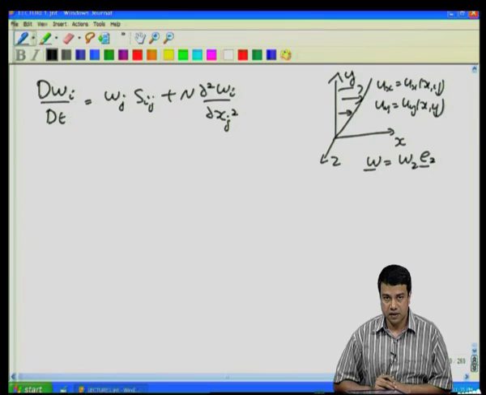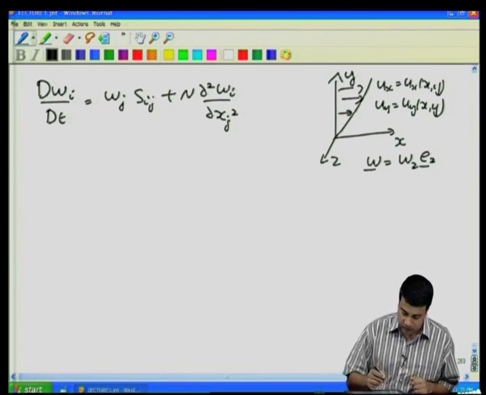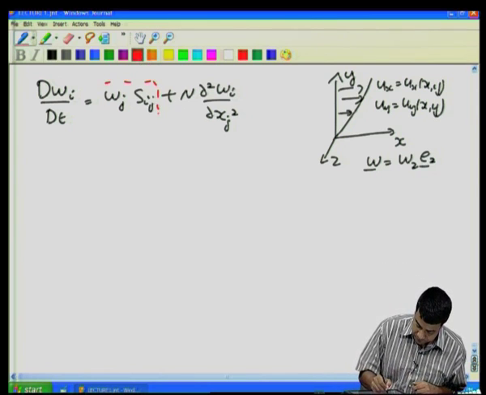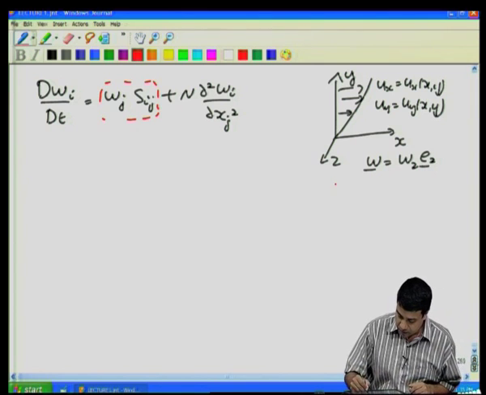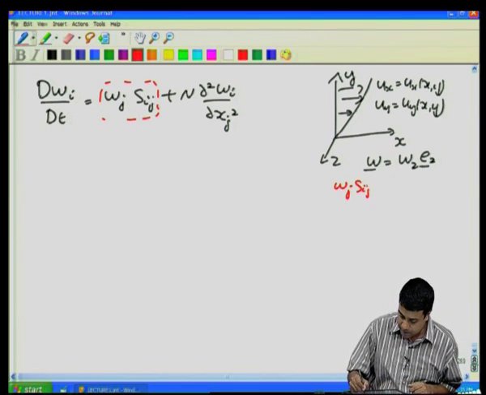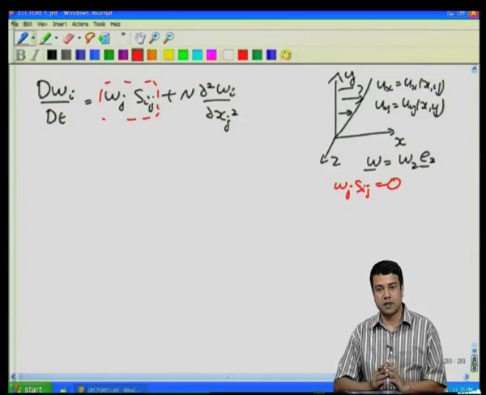That means that omega j times Sij has only 4 components, Sxx, Sxy, Syx and Syy, because the velocity is 2 dimensional, the flow is only in the x and y directions. Omega is only in the z direction. That means that this term, omega j times Sij, is equal to 0 for these 2 dimensional flows.